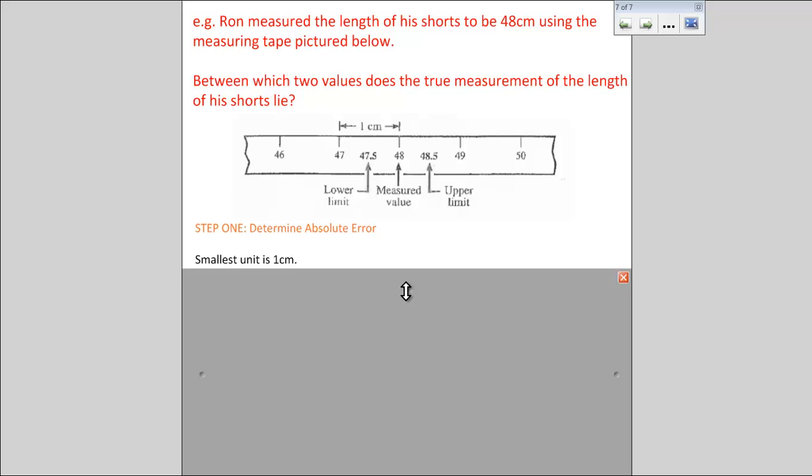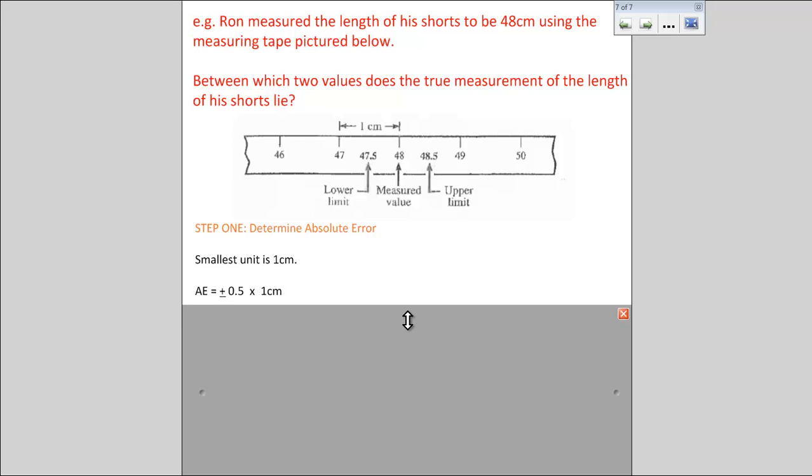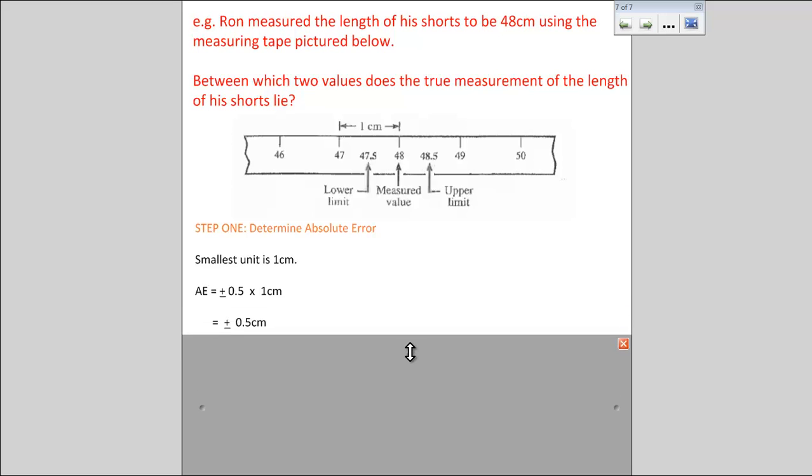Okay, so we look for our smallest unit. Now the markings on here, 46, 47, 48, so we can see that those are 1 centimetre apart. That's our smallest unit. Therefore our absolute error is going to be plus or minus half of 1 centimetre, which is half a centimetre.